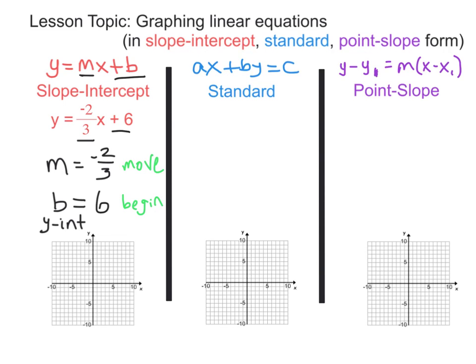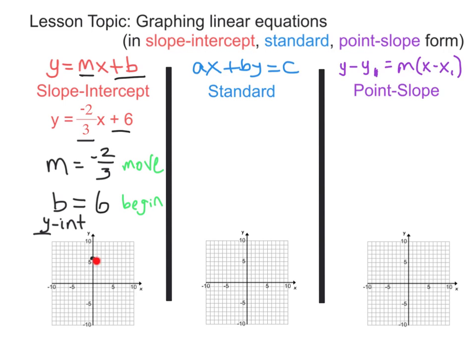All right, so we're going to begin with 6 on our y-axis. Right here, 6 is our y-intercept. We know there is a point on the y-axis at 6 because it's our y-intercept. So we begin there, and now we move using this slope.